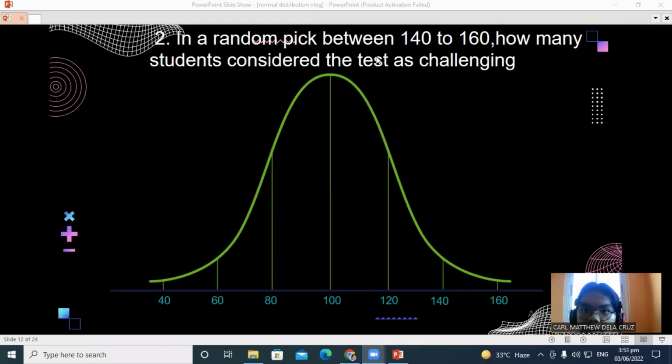Number 2: in a random pick between 140 to 160, how many students consider the test as challenging? From 140 to 160, we are going to use the Gaussian curve percentage on the corresponding line, from this part up to this part. This part consists of 2.35%.